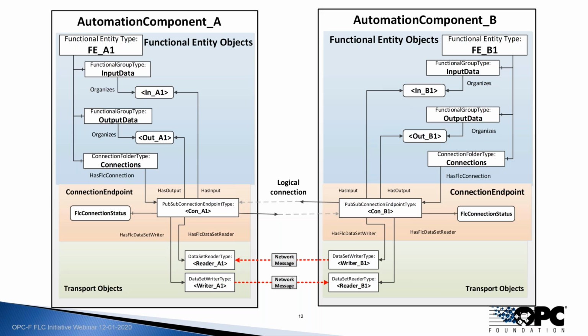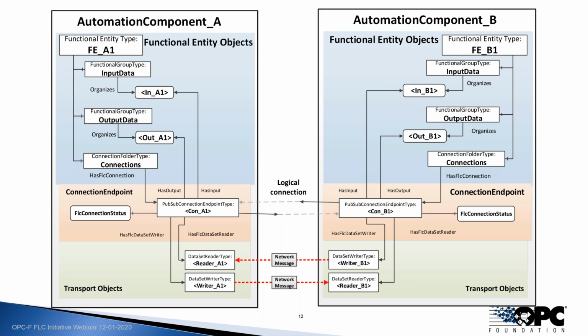Georg will spend quite a bit more time describing this in various levels of detail, probably more from the transport section. But the key thing is that the connection endpoint allows me to group input data and/or output data, depending on what the connection is, as to what data is being shipped between two functional entities.